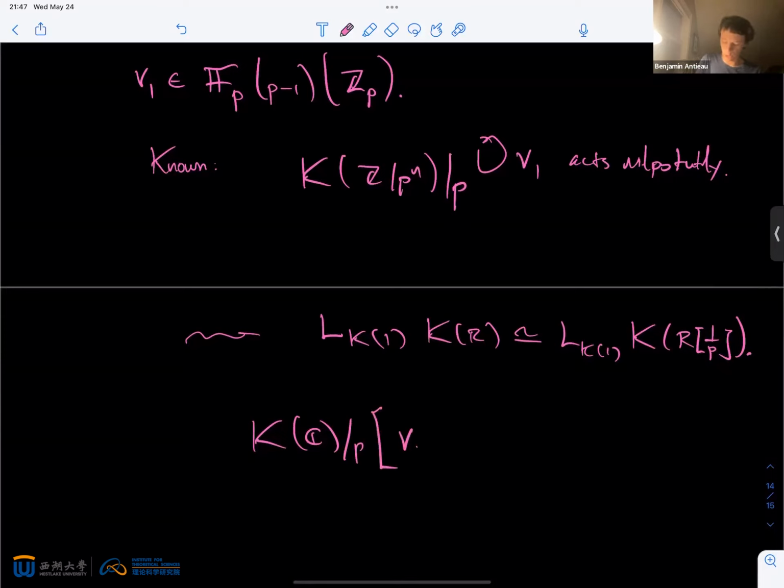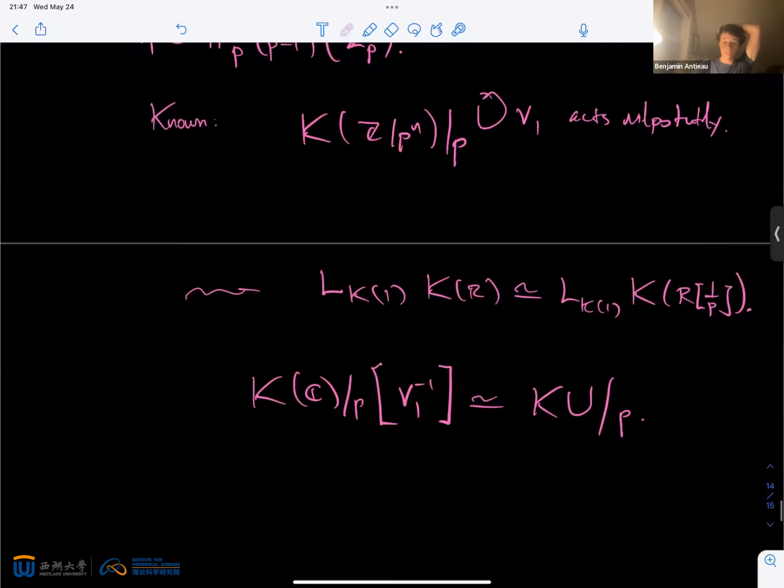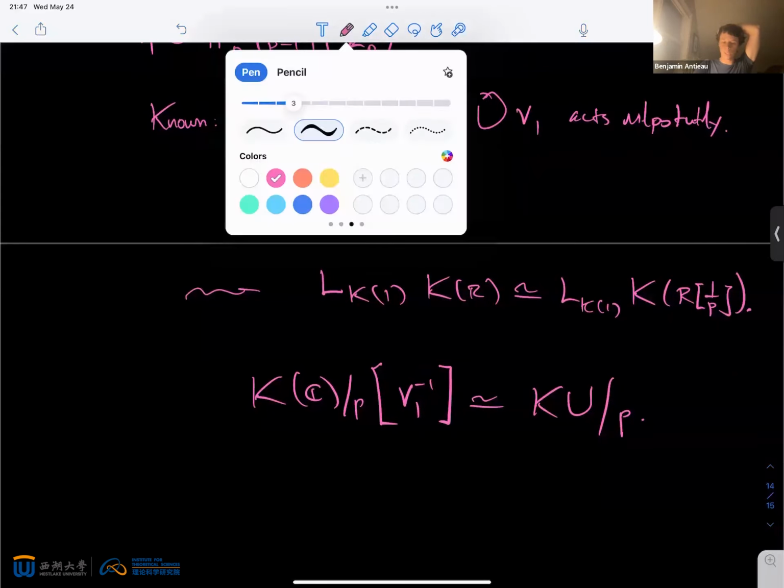And if you invert v_1, you actually get a periodic K-theory spectrum modulo p. So this is the spectrum which has F_p in each even homotopy group and 0 elsewhere. So in this case, you're as far from being nilpotent as possible. But let me just state my theorem and be done with that.